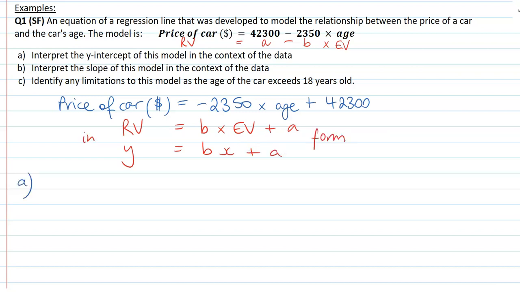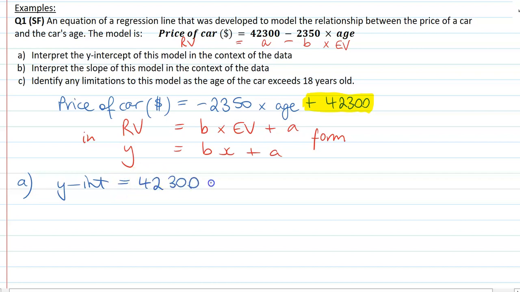Part A is asking us to interpret the y-intercept of this model in the context of the data. So if we look at what our y-intercept is, it's the $42,300.